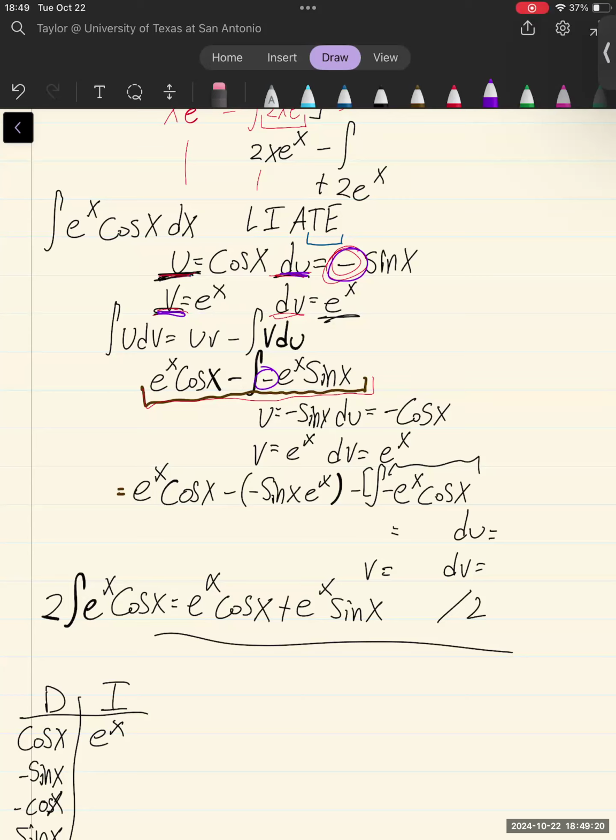And then would you take the antiderivative or would you take the derivative of what's after the integral? So you're saying in this step here? Yes. So this integral expression, that's why we set up another integration by parts, because we have another product of two functions.